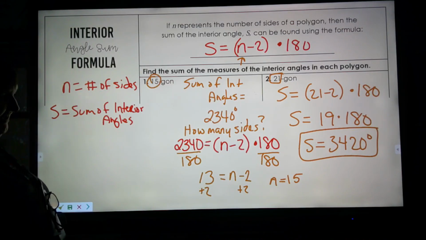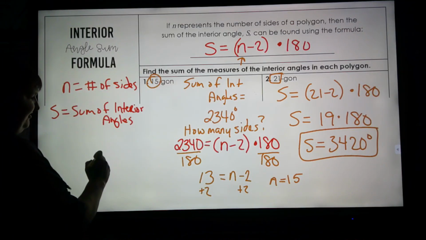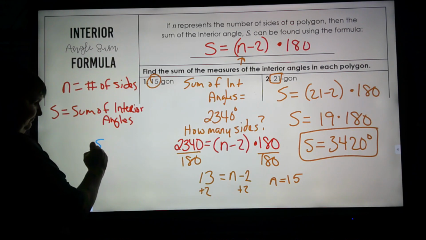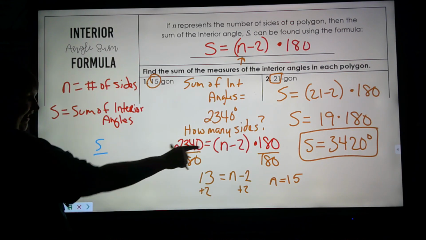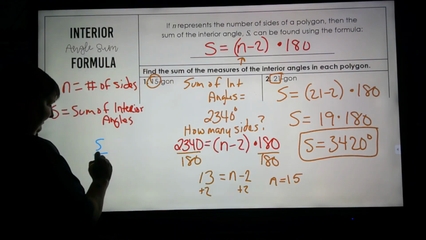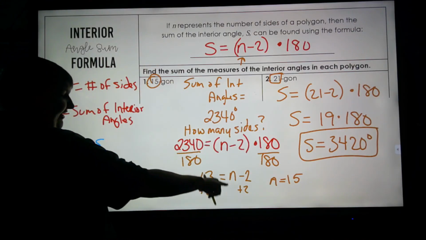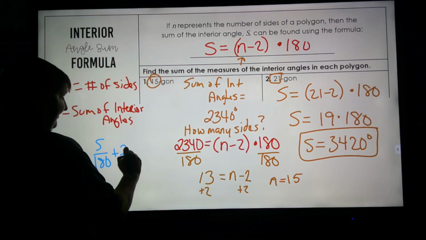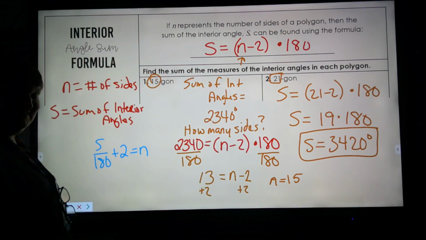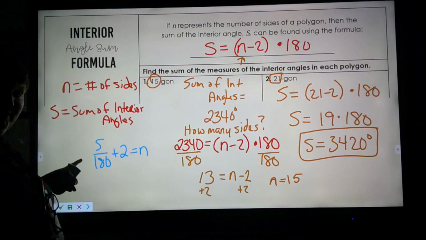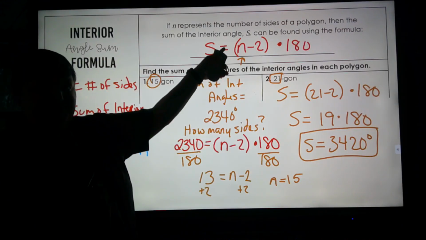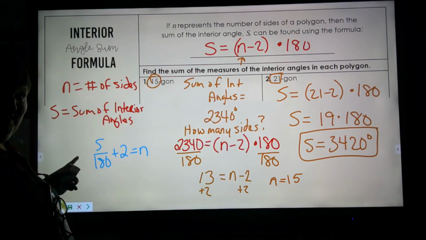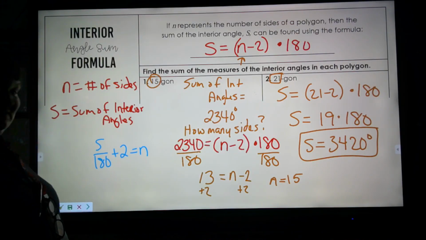If they give you the sum, you're going to divide by 180 and you're going to add 2. And that's going to give you the number of sides. I literally just rearranged the same equation based on what they give me and what they're asking for. I just went backwards.